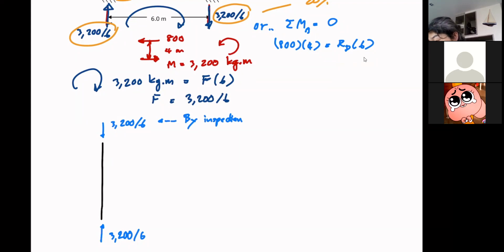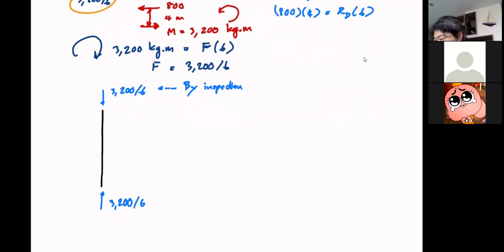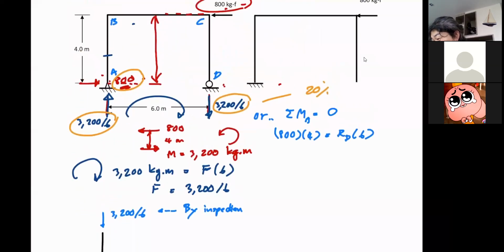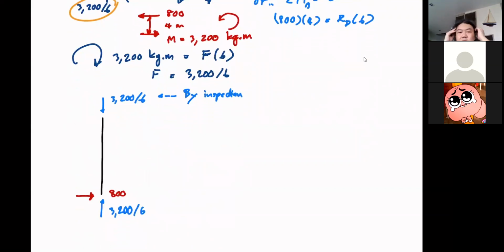And then we have the 800. Correct? Yeah, right, 800. And when you look at this 800, you will know that by inspection, your sigma Fx will have to be 0.